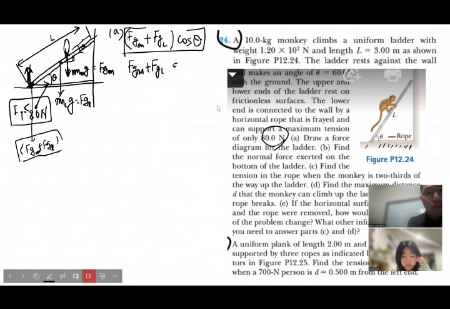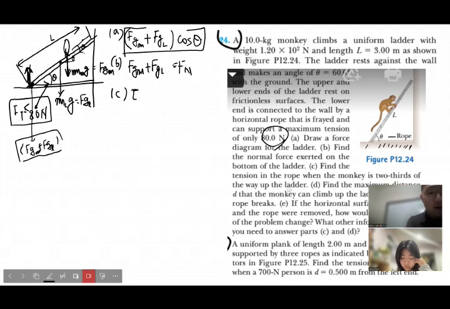That is the normal force. And now part C, we have to figure out the tension in the rope when the monkey is two-thirds of the way up the ladder. First, we have to estimate the torque from the tension.